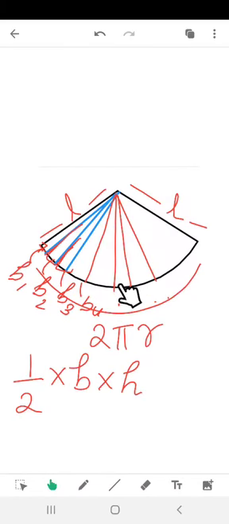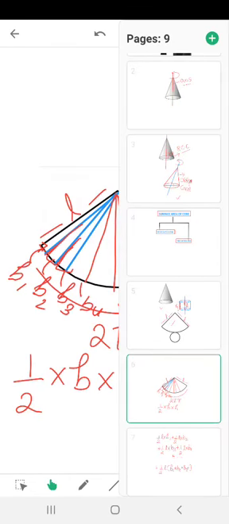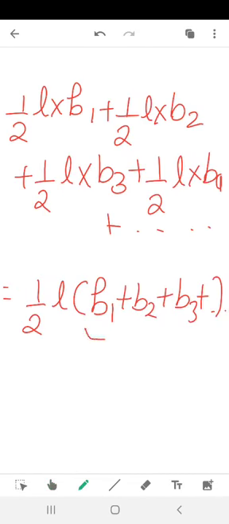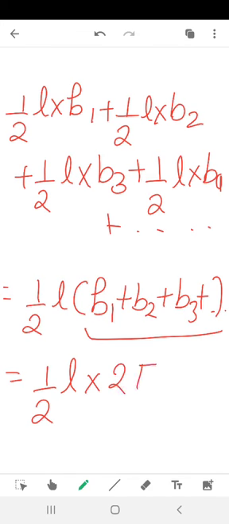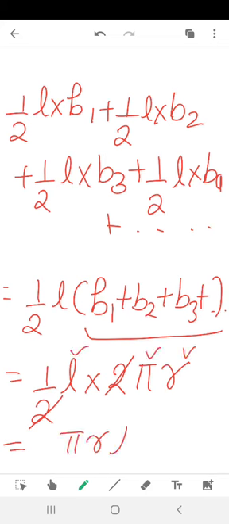Okay, so I will add it till I get this whole length. And what is this length? I have already seen that this is 2 pi r. Okay, so in place of b1 plus b2 plus b3 and so on, I can write half L into 2 pi r. And what do I get from here? Pi r L. Pi r L. And this basically is the lateral surface area of the cone.